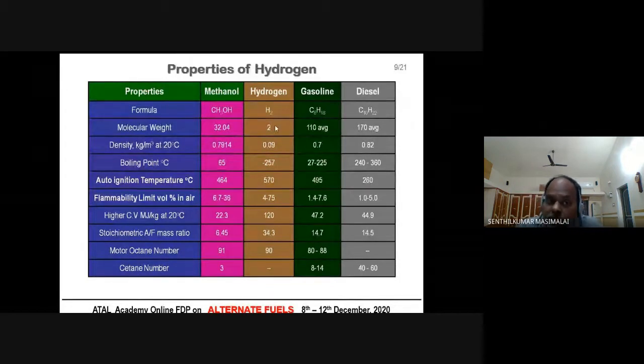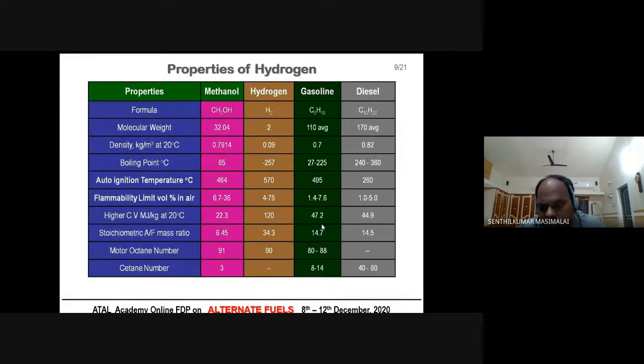We can have many advantages of using hydrogen in a spark ignition engine if appropriate modifications and appropriate control techniques are adopted. We can use hydrogen efficiently in a spark ignition engine.